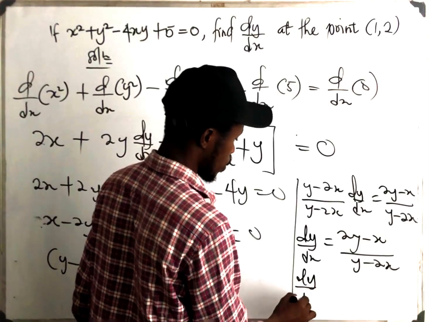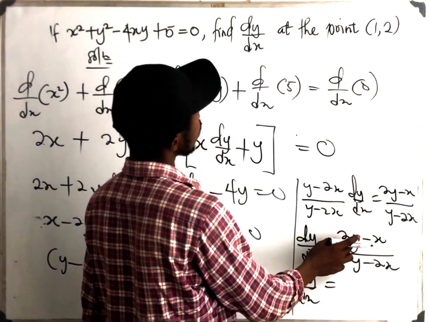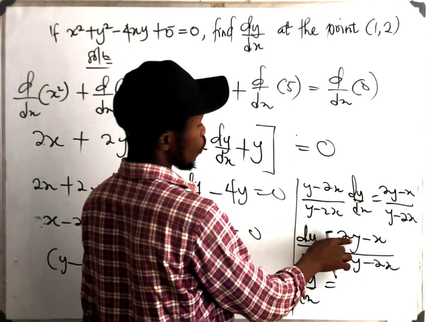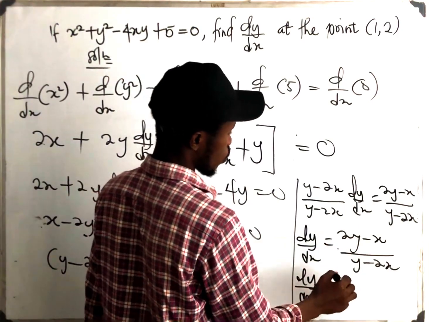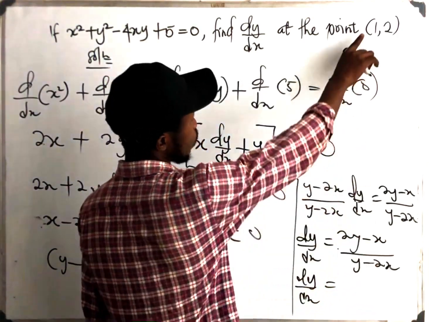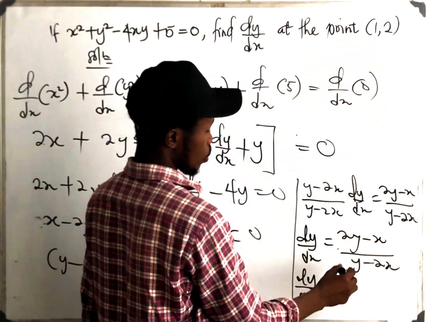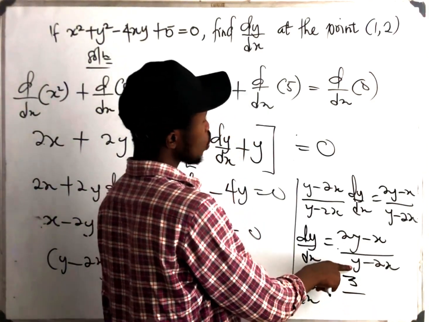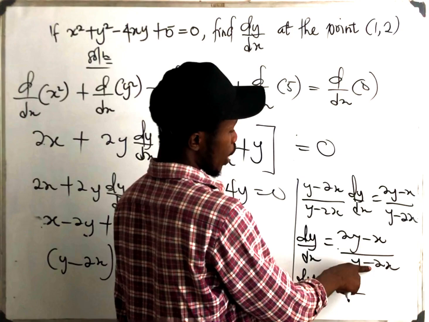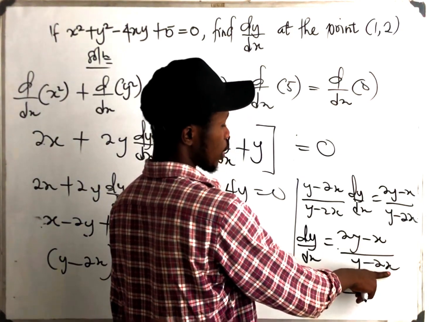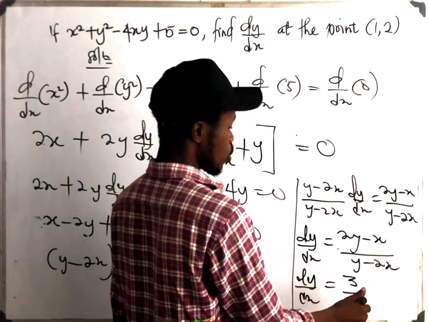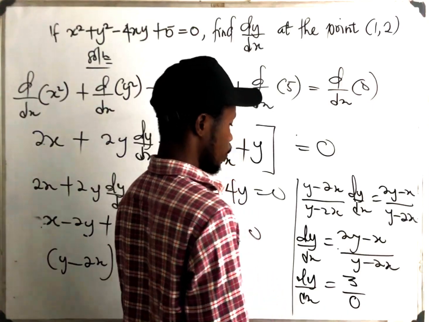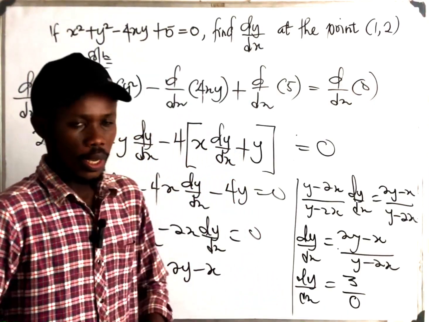Because of the space, wherever I see y, I will put 2 there. So if I put 2 here, 2 twos are 4. 4 minus 1 is 3, so I have 3 here over. If I put y to be 2 here, it will be 2 minus 2 times 1, which is 2. So 2 minus 2 is 0, so we have 0.